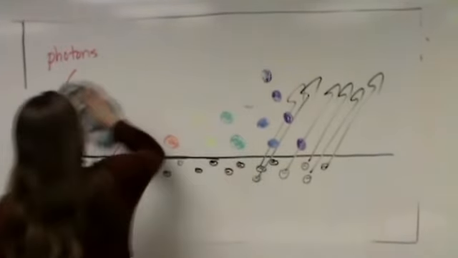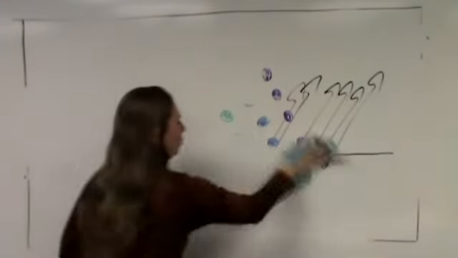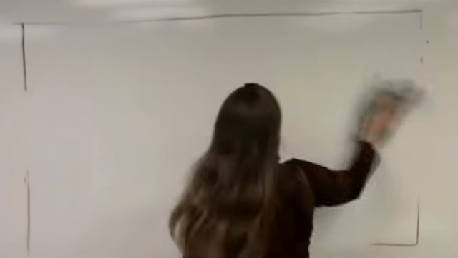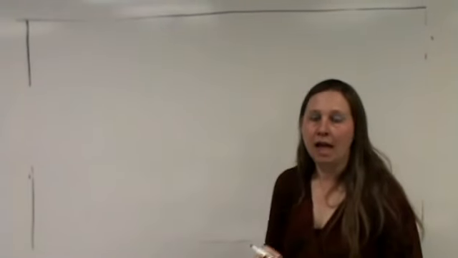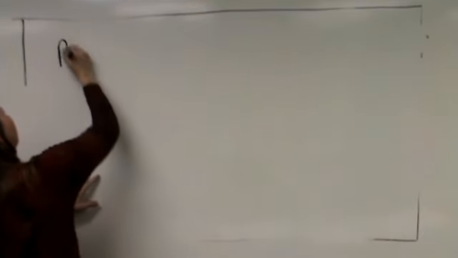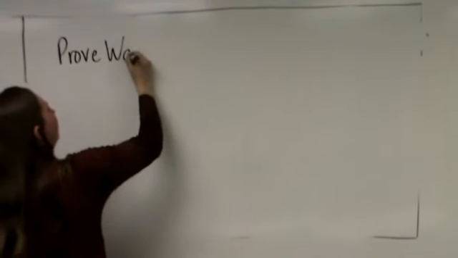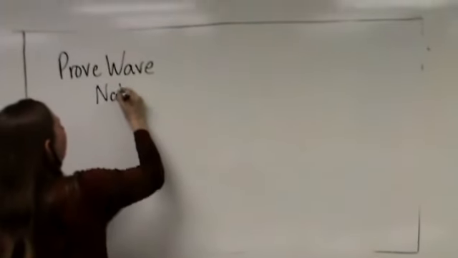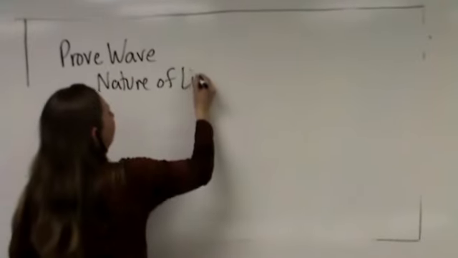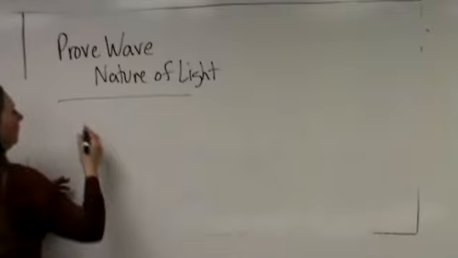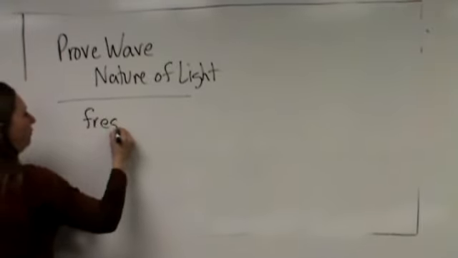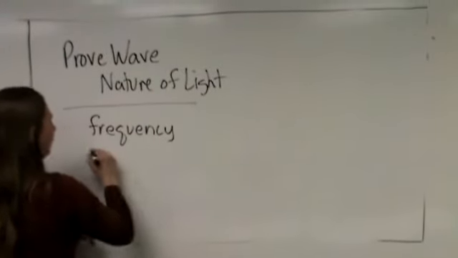All right, so just to summarize what we've talked about here today. Light can be thought of as both a wave and as a particle. To prove the wave nature of light, we look at such experiments that show that light has a frequency and a wavelength.